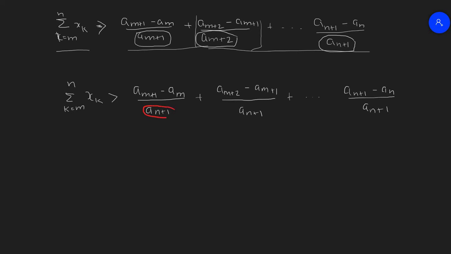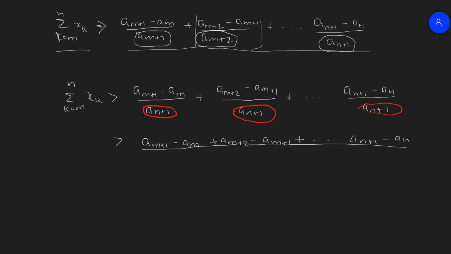Currently all the denominators are the same, so we can add them together. It will be a_(m+1) minus a_m plus a_(m+2) minus a_(m+1), etc., plus a_(n+1) minus a_n, the whole divided by a_(n+1).